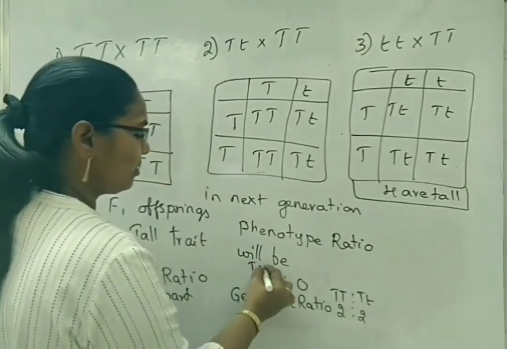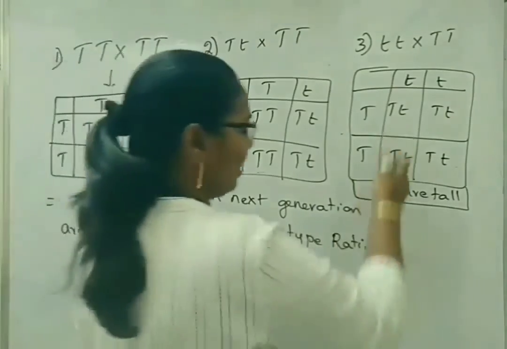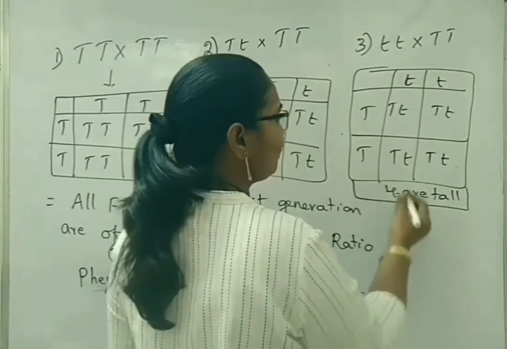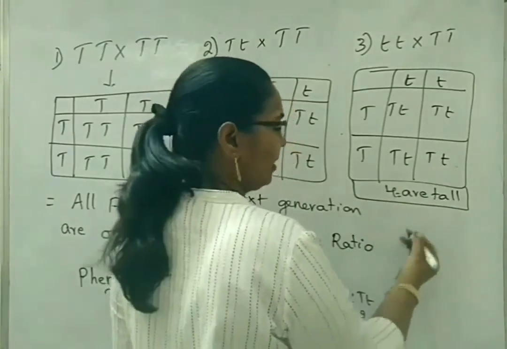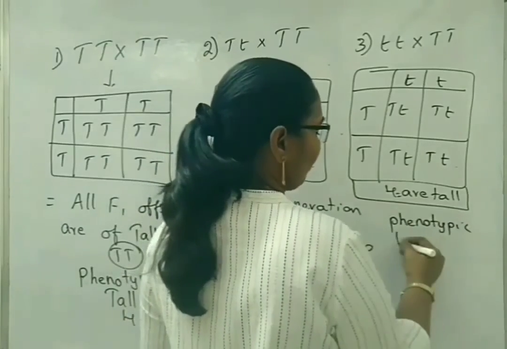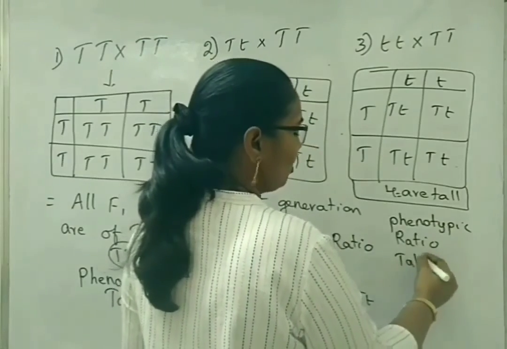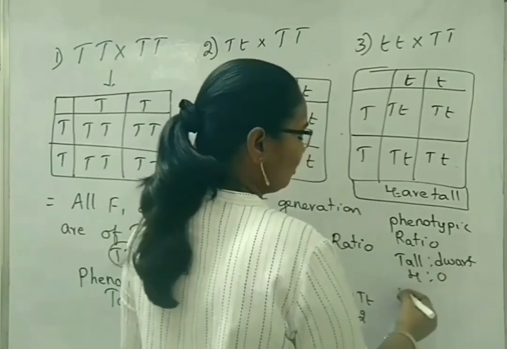Here we can write this is of tall, this is of dwarf. Okay, so now we can write some ratios under this. Here 4 are tall in the sense all are heterozygous dominant alleles genotypically. Phenotypic ratio is all are tall, no? So tall is to dwarf, it will be 4:0.